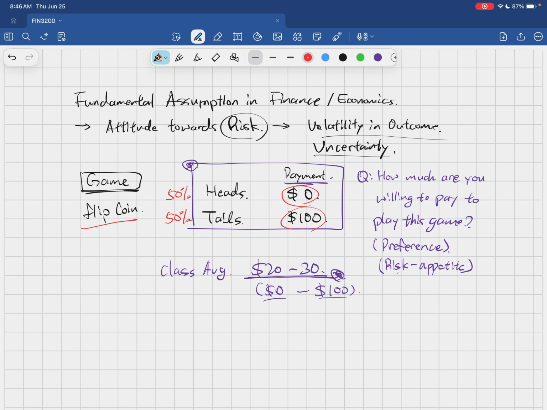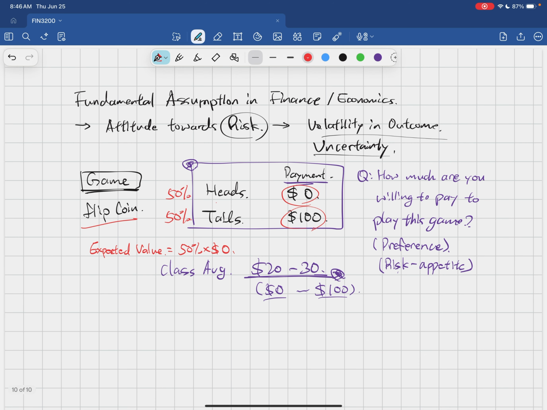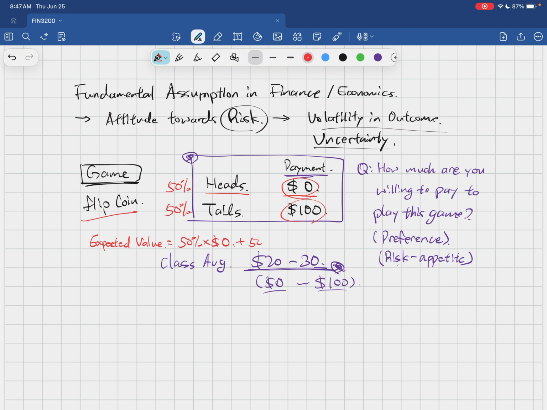If you were to calculate the expected value of the game, it's just 50% times 0, the probability that it lands heads and the outcome you get if it is heads, plus 50% times $100, the probability that the outcome is tails and the payment you get when it is tails.